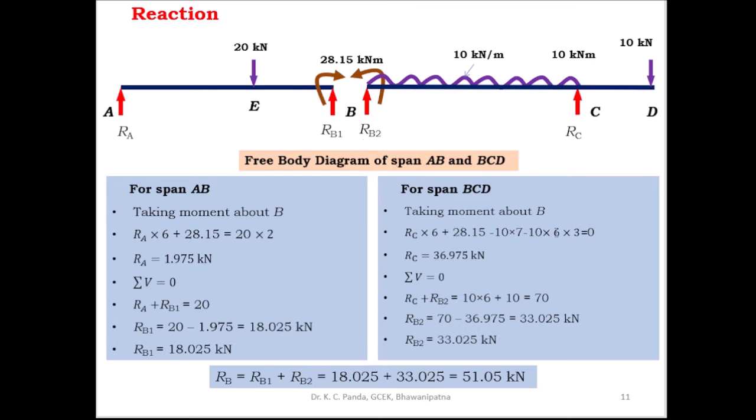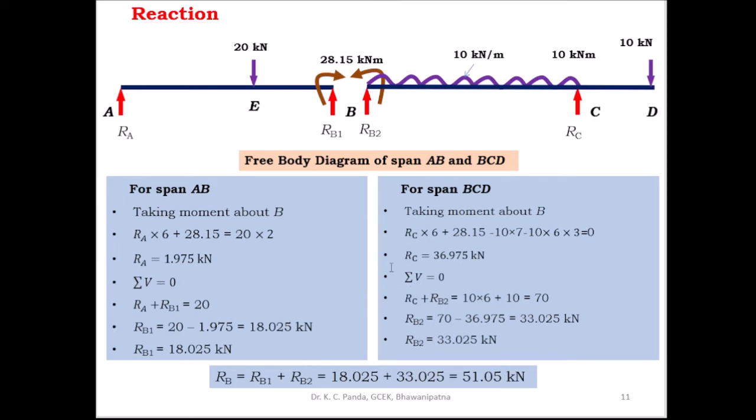Taking moment about B, RC into 6 is anti-clockwise rotation, and this moment is also anti-clockwise, plus 28.15. Due to this UDL the moment is clockwise, 10 into 6 into 3, and due to this load the moment is clockwise, 10 into 7. From this equation you get the reaction at C, RC is equal to 36.975 kilonewton.